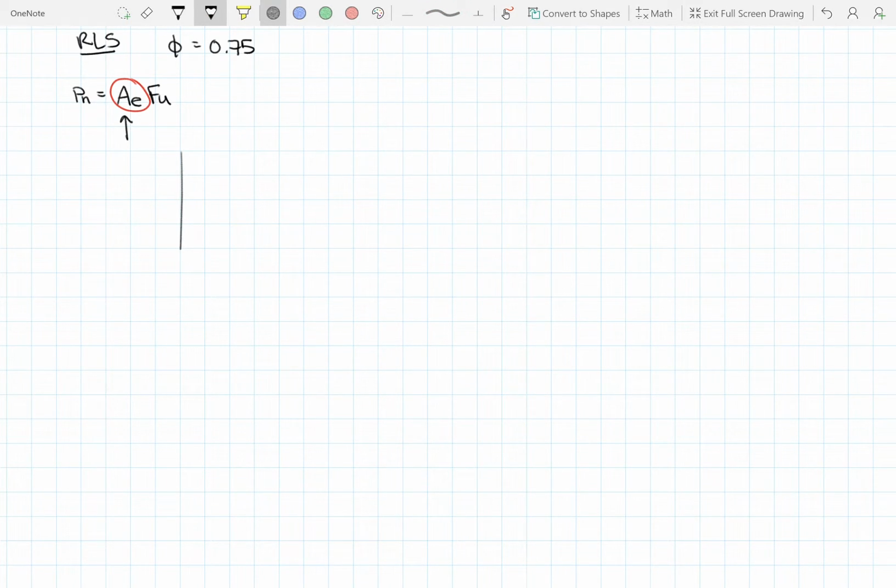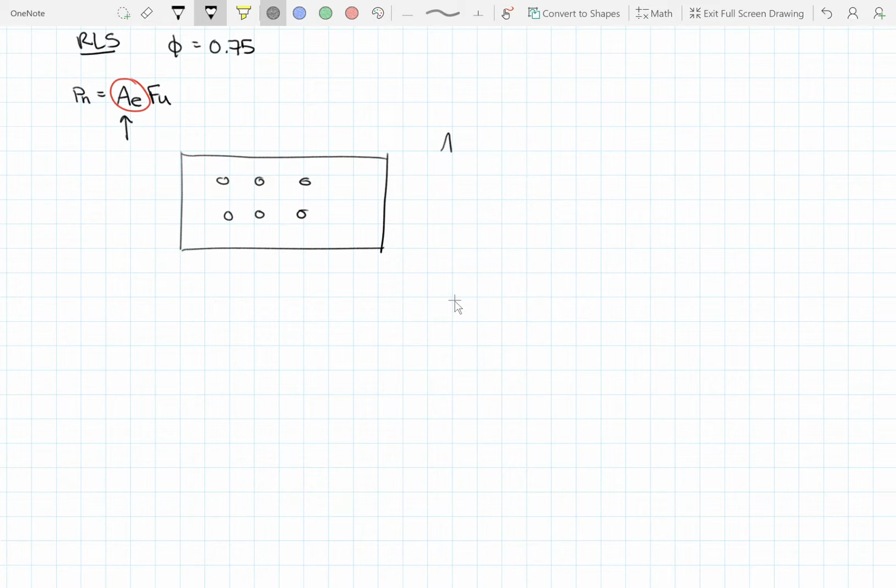So if you have, once again, a plate and you have some bolt holes, say we have a pattern something like this. You already know how to calculate the gross cross-sectional area, right? So the first thing we need to do is calculate the net area in order to use it to get the effective area.